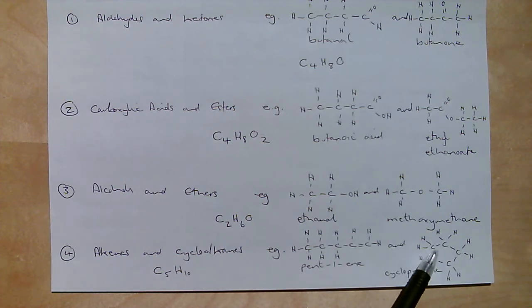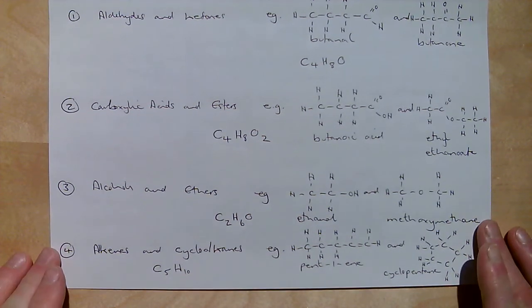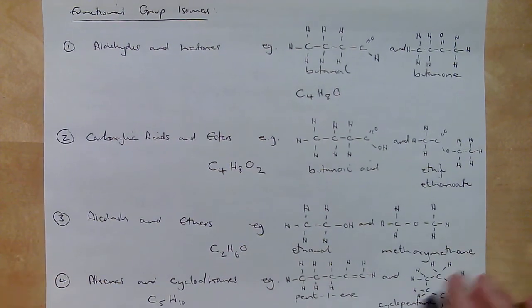That's pentane, that's a ring, so it's cyclopentane. I've got 10 hydrogens, so C5H10. These two have the same molecular formula, but a different structural form, because they are different types of compound, they have different functional groups. So there we go, that's structural isomerism.